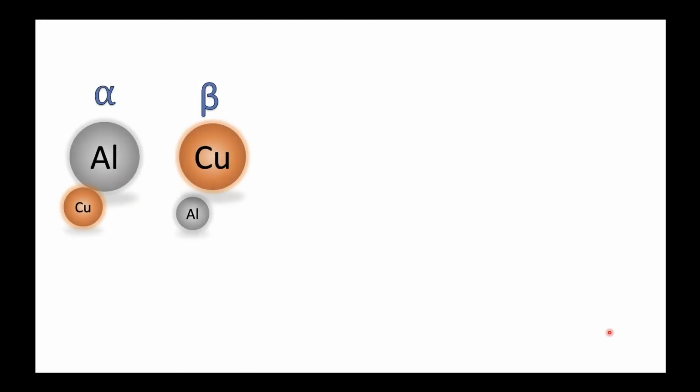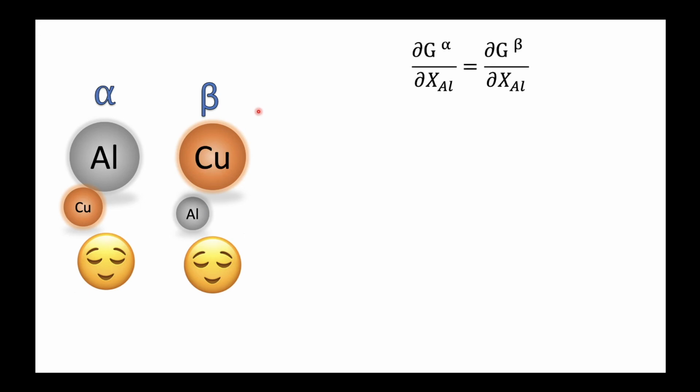In order to do that, let's see what it actually means to be at equilibrium. Let's take 2 phases, alpha and beta, which are composed of aluminum and copper. And let's say these two are at equilibrium, that is, they are at peace, they are at a perfect state of bliss, they are happy with each other. In that case, what it means physically or mathematically is that the potential for aluminum to change the Gibbs free energy of the alpha phase is the same as the potential for aluminum to change the Gibbs free energy of the beta phase.